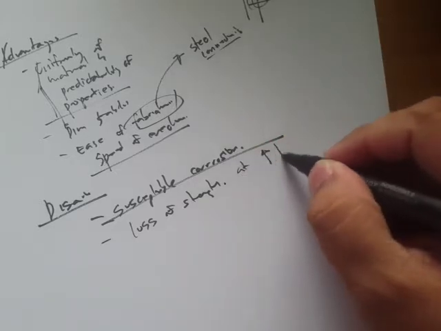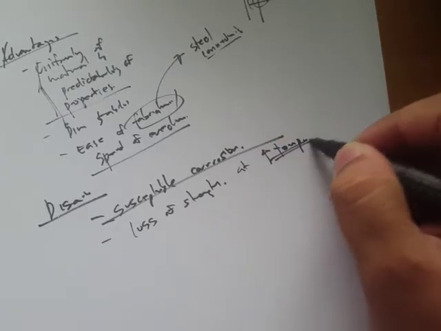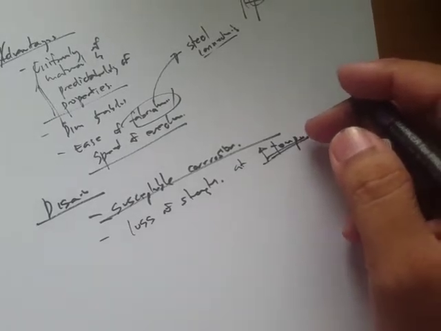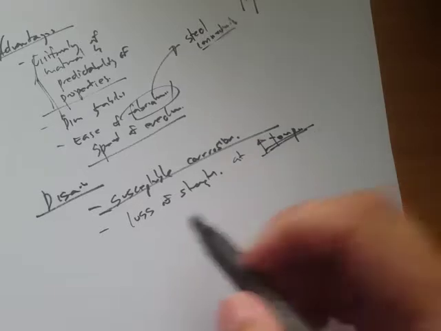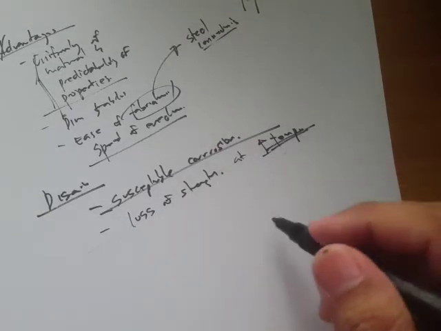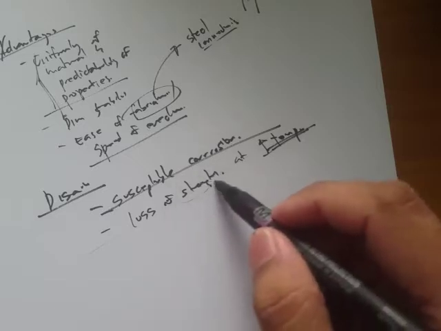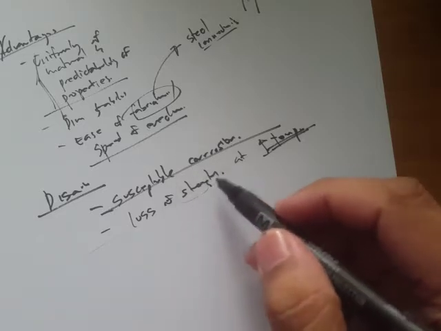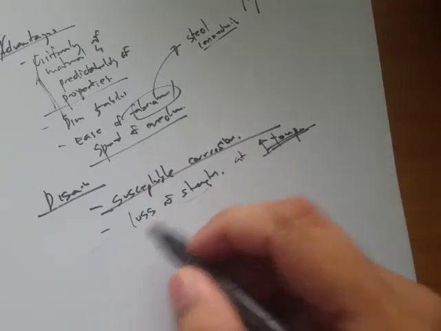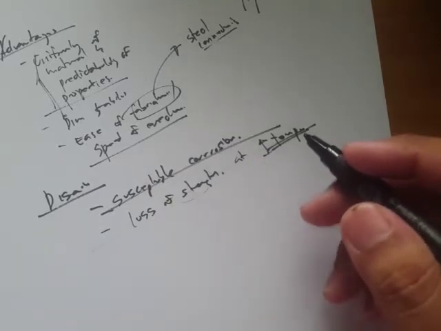So for example, in an event of fire, this will produce a catastrophic failure because your strength is decreased when there's an elevated temperature. So probably something like maybe 50%.